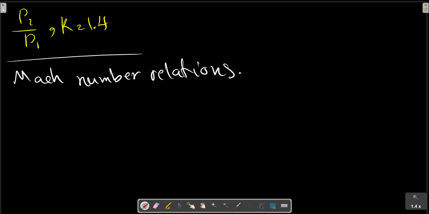For a perfect gas, all the property ratios across the normal shock are unique functions of K and the upstream Mach number Ma1.